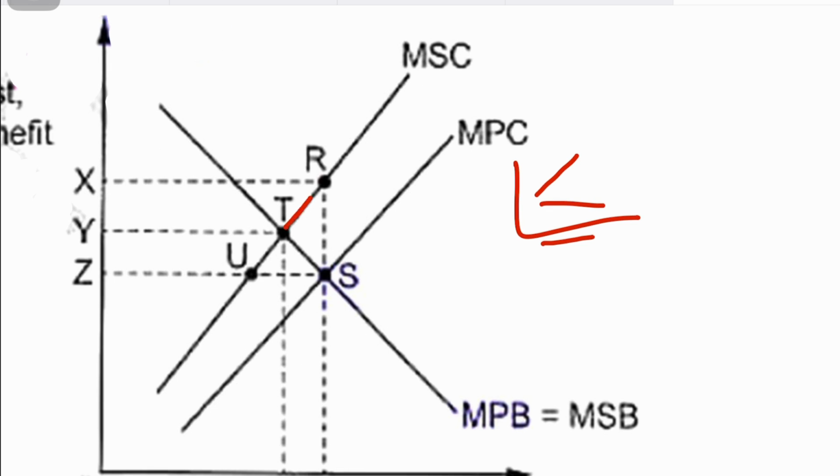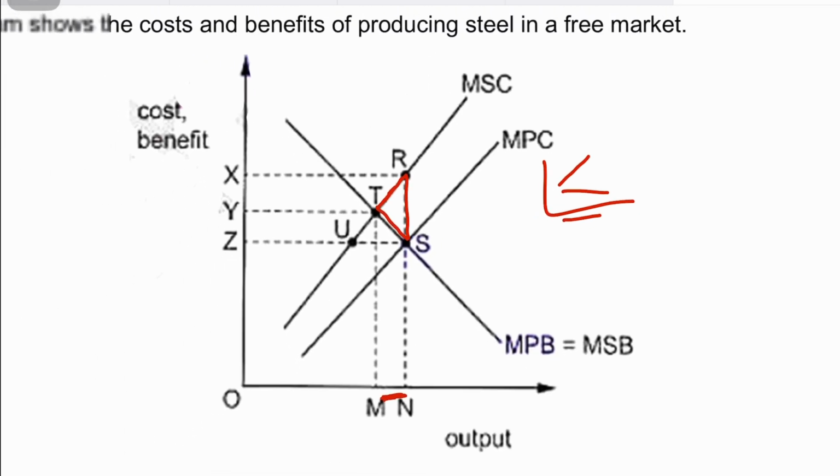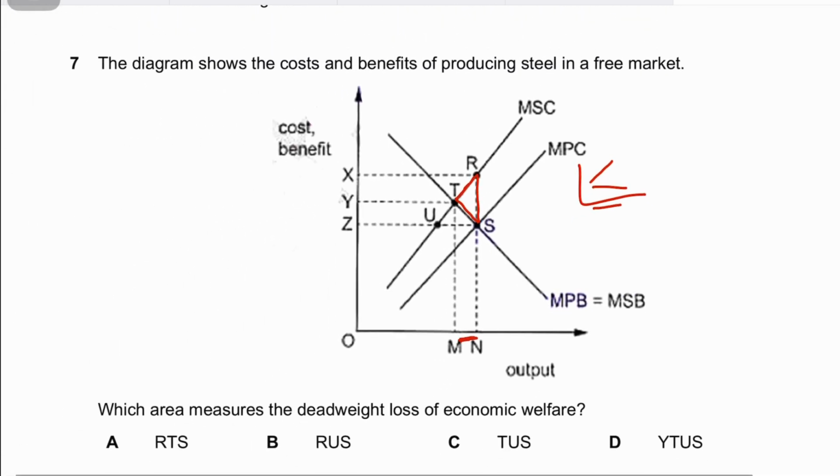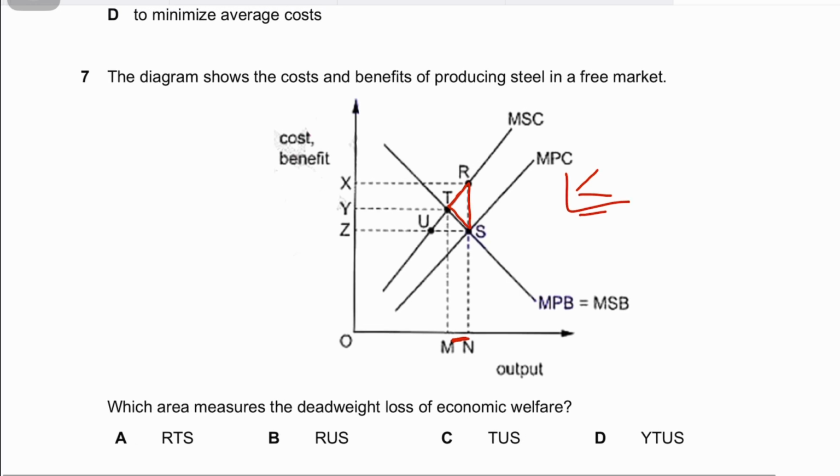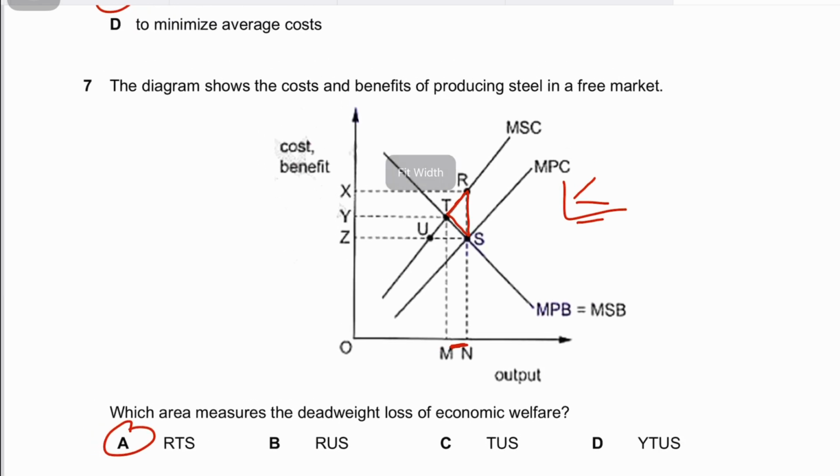And so this area, RTS, measures the deadweight loss to society of overproduction, basically of producing all this extra output that shouldn't have been produced. It represents a misallocation of resources. You just ended up wasting your resources. So RTS represents the deadweight loss of economic welfare, right? So A is the correct answer.